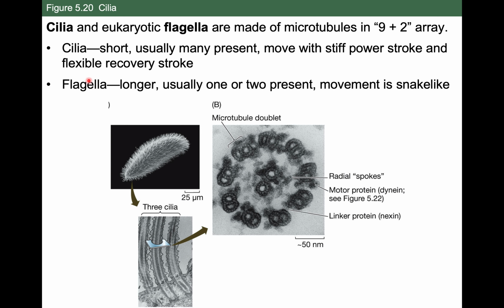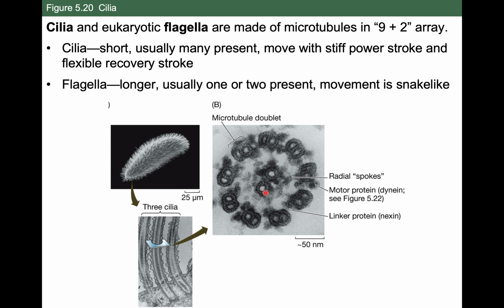But regardless, if you take a cilia or flagella and cut it in cross section like this, and then look at that cut end, you will see something like this, which is this very distinct and unique arrangement of microtubules. So each one of these black rings that you see here is the cut end of a microtubule.